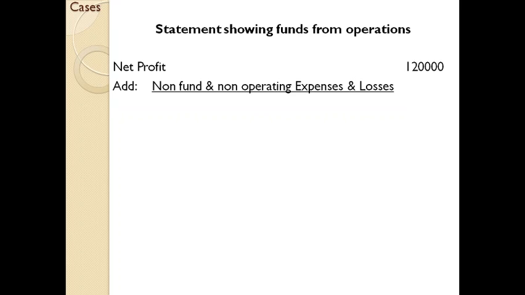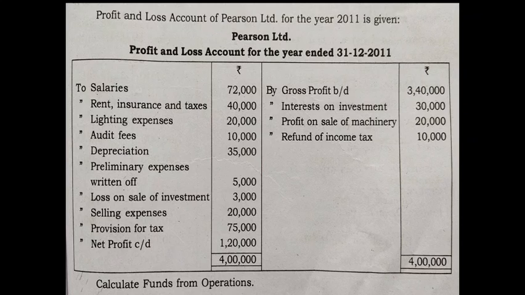So let's go to the question. What items come under this heading? Which side has to be considered for non-operating expenses? We all know this is a profit and loss account, so definitely the left side, the debit side, consisting of all expenses. The non-operating expenses will be on this side.